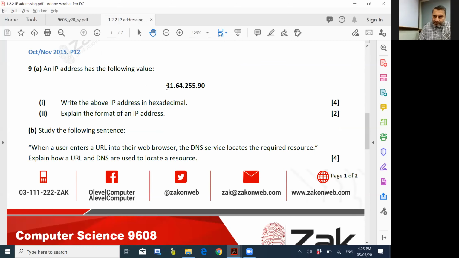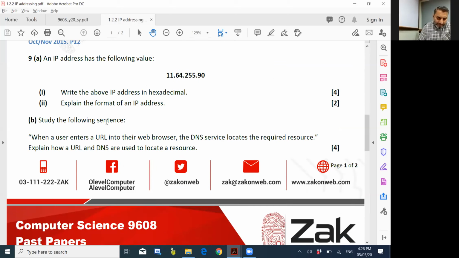This one will be 0B, then this is 40, then this is FF, and then this one is 5A. Explain the format of an IP address. It is composed of, as we discussed, 4 integers, which can be accommodated in a byte, from 0 to 255 each. And that's it, I think. We don't have to write more.